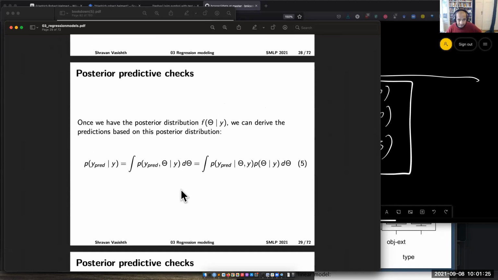Now, once we have fit the model on real data, we can do one more interesting thing. We can produce future data, something called posterior predictive data, having derived the posterior distributions for the parameters.